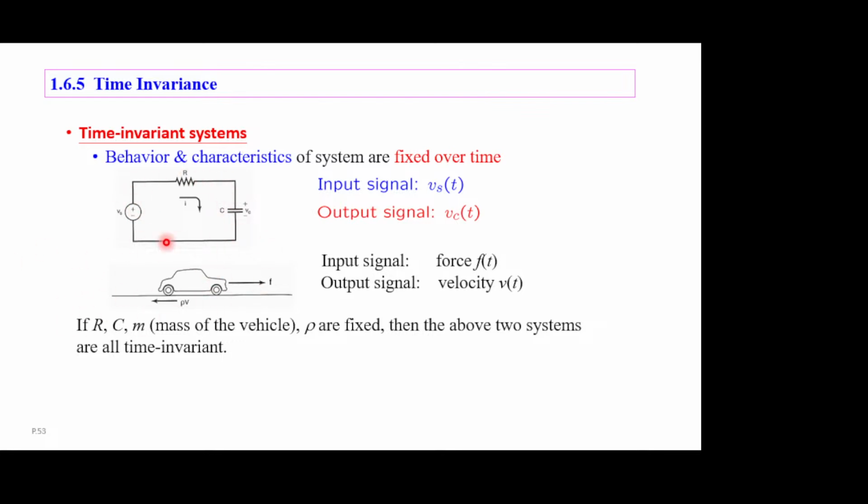Similarly for your car, for a suitable time frame, if your car is not breaking down, then using your car today or tomorrow should be roughly the same. And so the force and the velocity relationship should be about the same through different times. So that's the idea of time invariance.